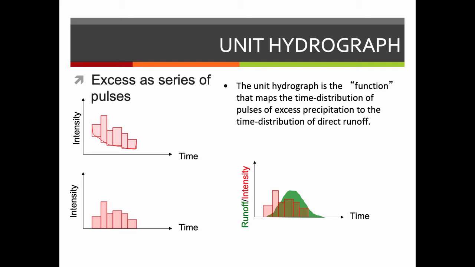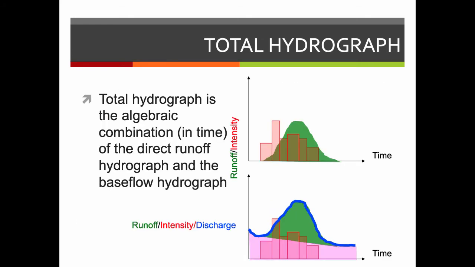So the unit hydrograph is the function that maps those excesses from the red pulses to the green blob. The total hydrograph, which is often what we're ultimately interested in, is the algebraic combination in time of the direct runoff hydrograph, or green blob, and the baseflow hydrograph, in this picture shown as magenta.